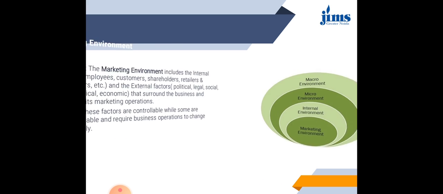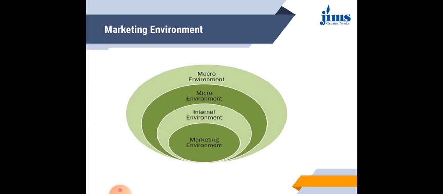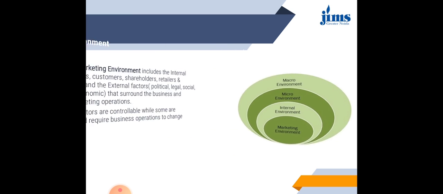Here you can see in the figure how they have depicted the marketing environment. So the innermost layer is the marketing environment. When the business is surrounded by the marketing environment, the first layer that comes is the internal environment. And what did we study in the previous slide?